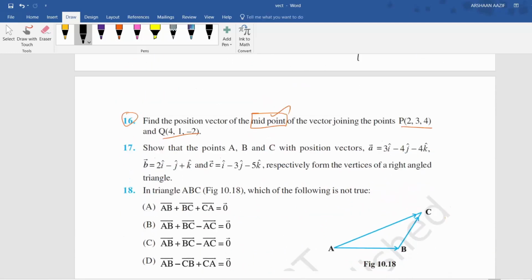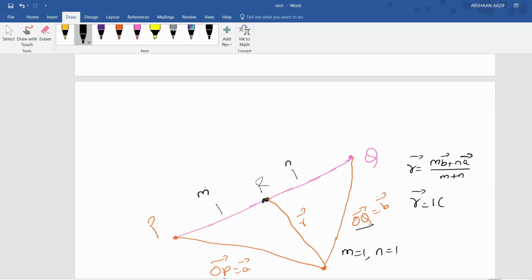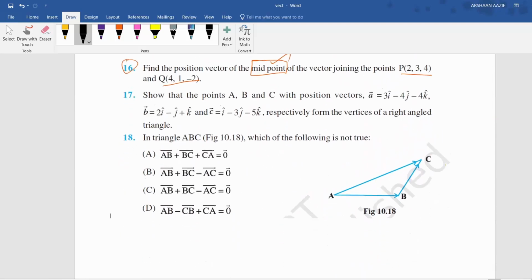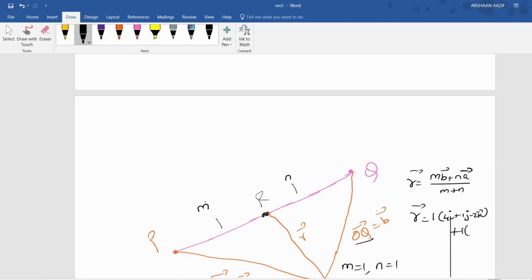So I have 4i plus 1j minus 2k, plus N into, that is again 1 into my A vector, which is 2i plus 3j plus 4k, divided by 1 plus 1, which is 2.